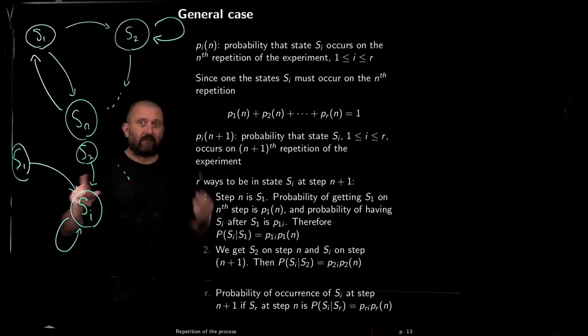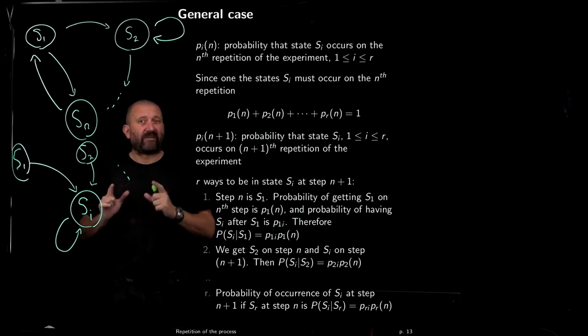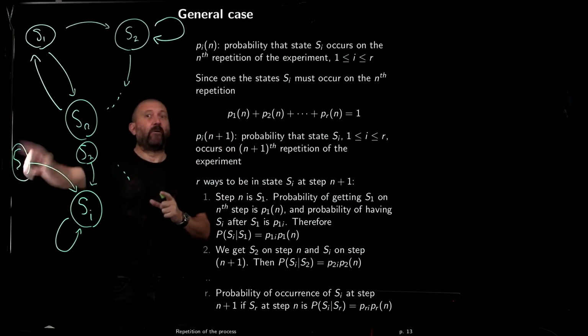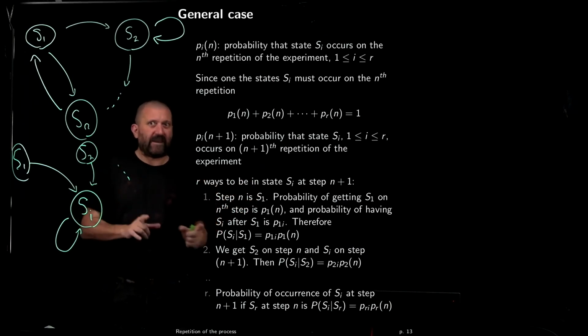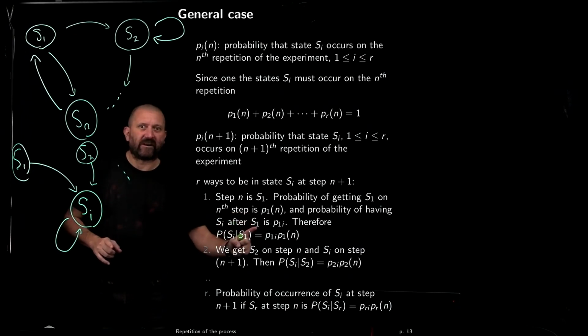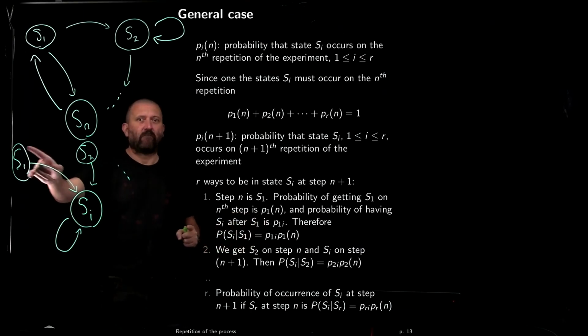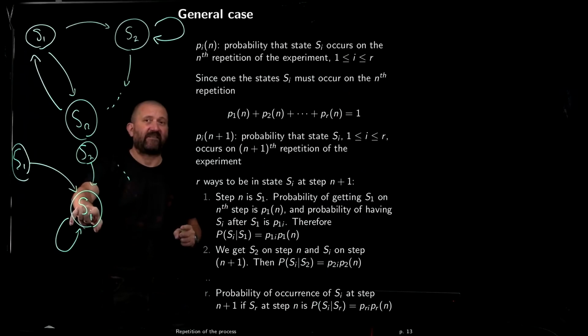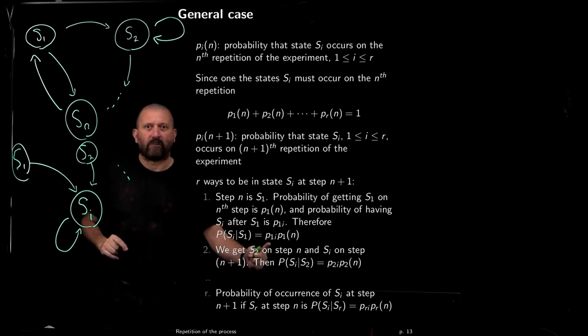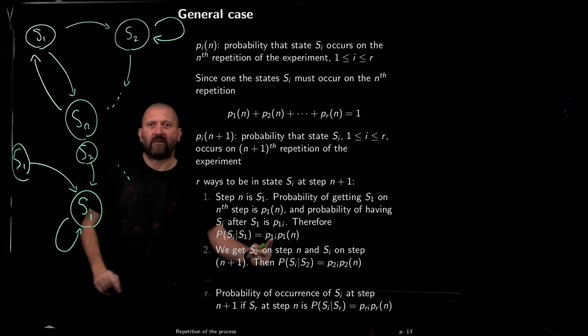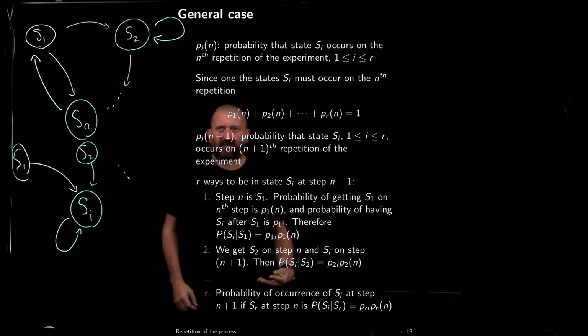But seeing how we define this, the probability that the system was in state 1 before it made this transition is p_1 of n. So the probability that it switches into state i, given that it was in state 1, is this product here, p_1i, the probability of making this transition, times the probability that it was there. And so on and so forth.